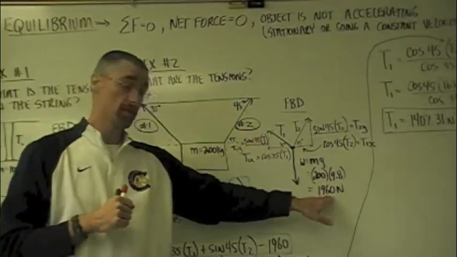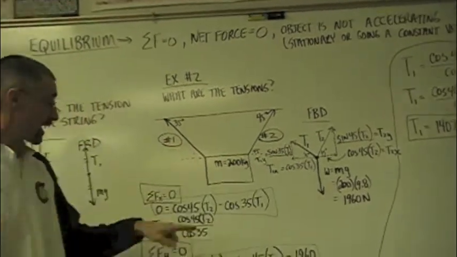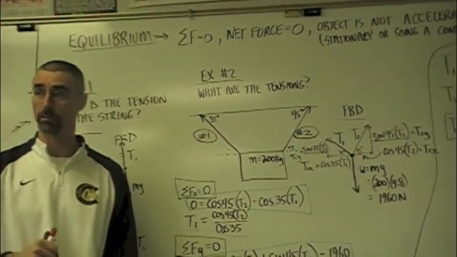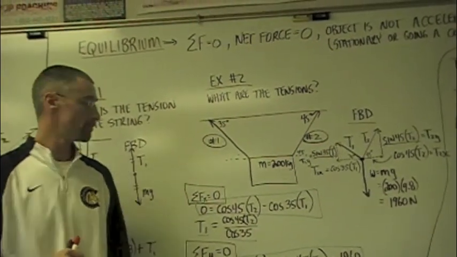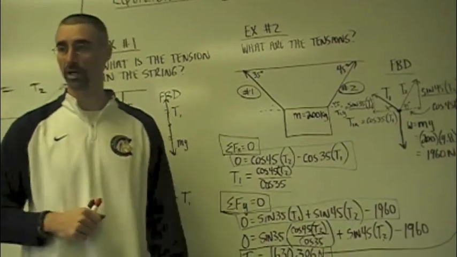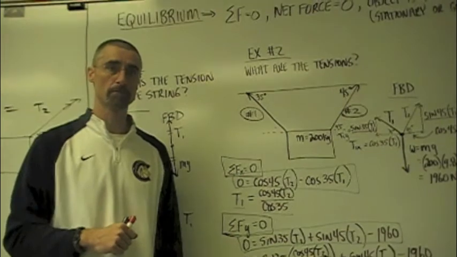I better get 1960, because that sign is not accelerating. It is sitting there, so it has to be in equilibrium. Okay? And for me, I always like having a check at the end, and so that's how I would check this problem to make sure I have not made any silly math errors.